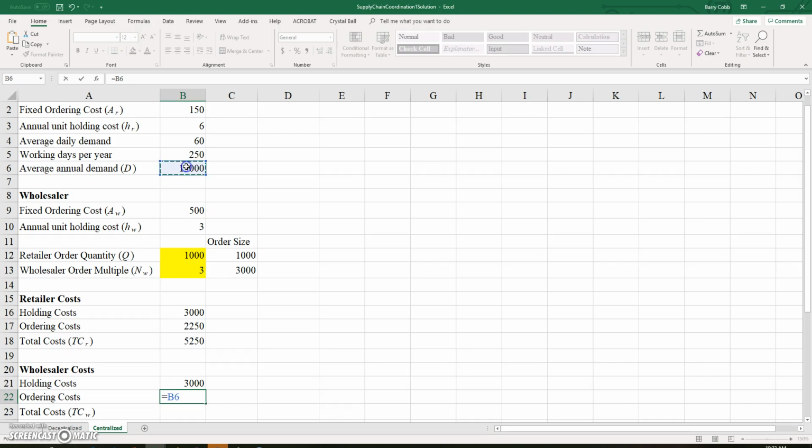The number of orders for the wholesaler is D divided by N times Q. To get ordering costs for the wholesaler, this is multiplied times the fixed ordering cost.